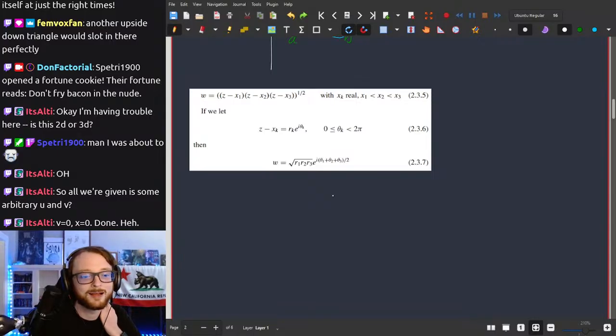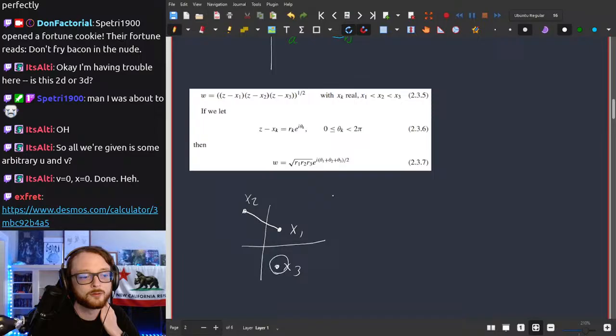I don't know if I want to bother investigating it, but let's say x1 is there, removing the restriction that they have to be real. x2 is there, and let's say x3 is here. I wonder if you can get branch cuts that are... I don't know where this one would go, what direction that would point.